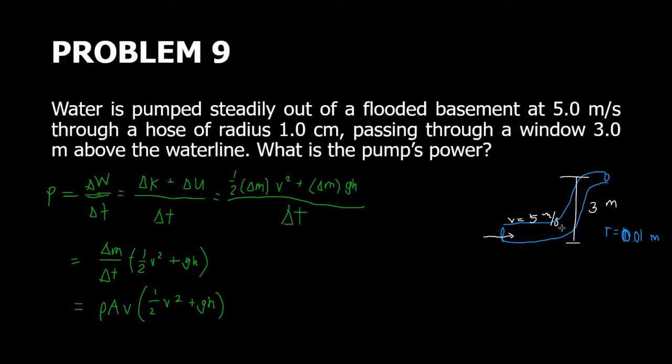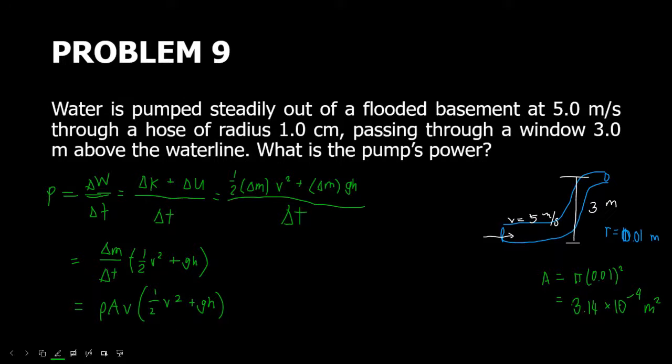Our cross-sectional area, that's with radius of 1 centimeter. So, the cross-sectional area is, I'll simplify here, pi times 0.01 quantity squared, that is 3.14 times 10 raised to negative 4 square meters.